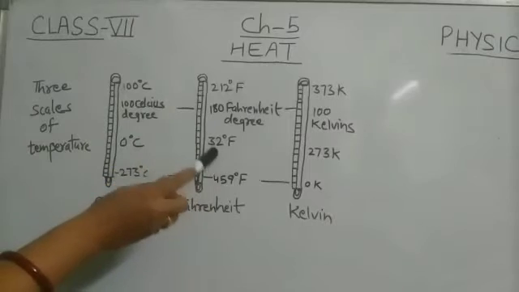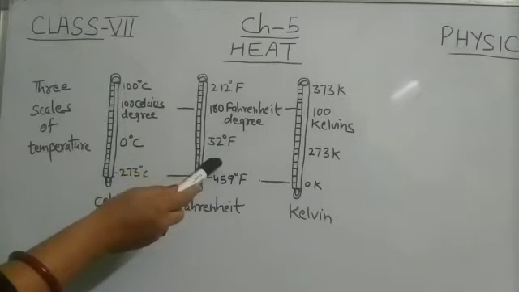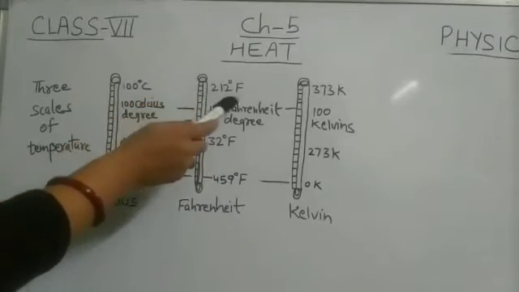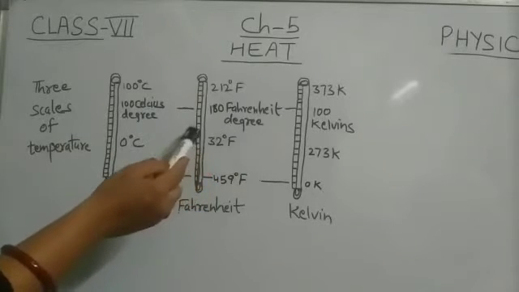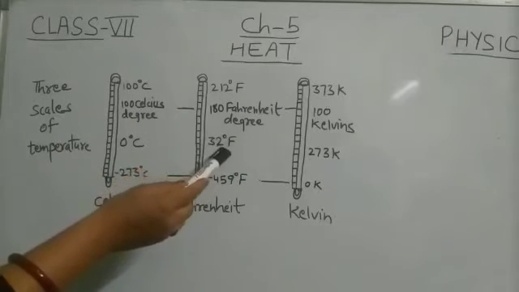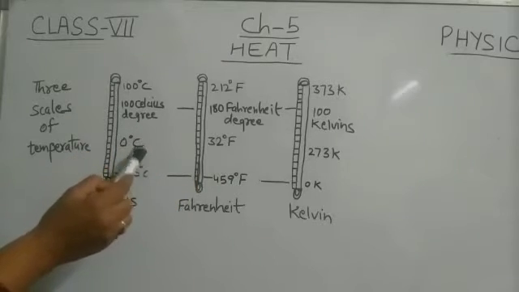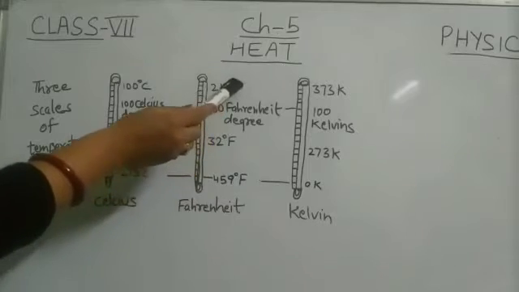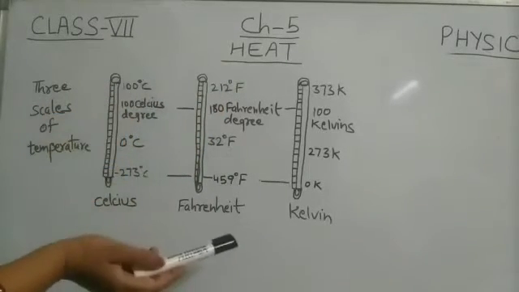Fahrenheit scale starts at 32 degree Fahrenheit and goes up to 200 degree Fahrenheit. Okay, if you will convert 32 degree Fahrenheit, it will be equal to 0 degree Celsius and 212 degree Fahrenheit will be equal to 100 degree Celsius.